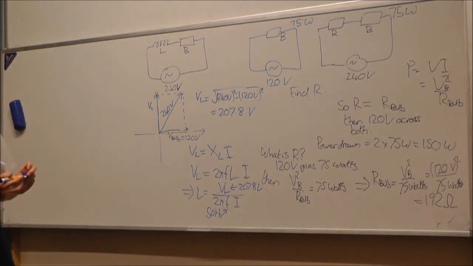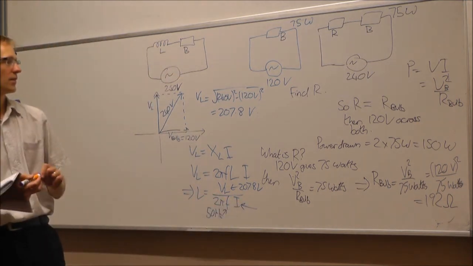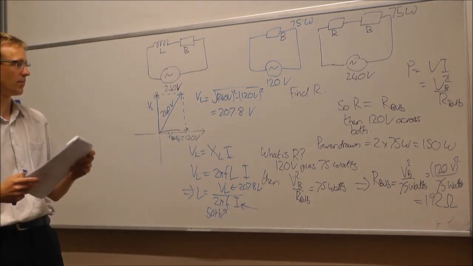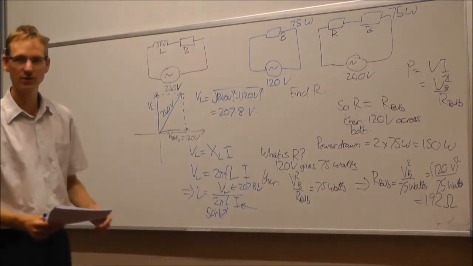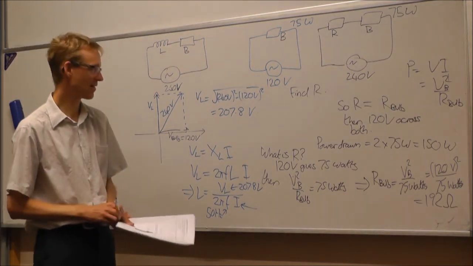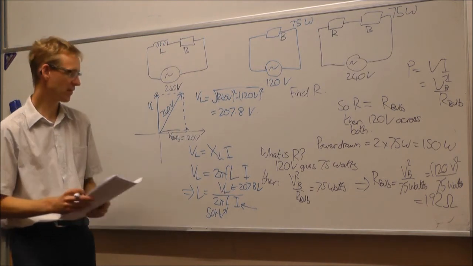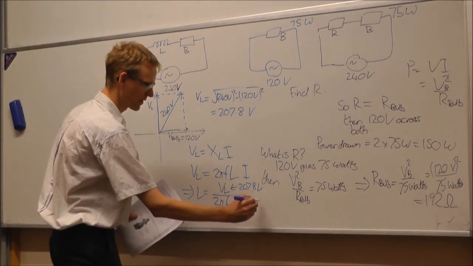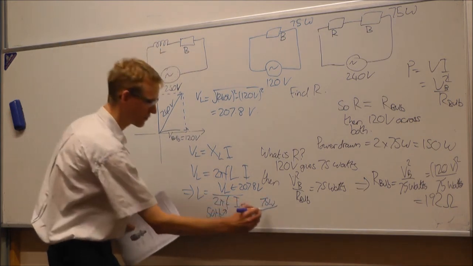What's our current? Well, we can just use our voltage power relation for the current. So the current is power over the bulb divided by voltage. So that's our 75 watts divided by our 120 volts.